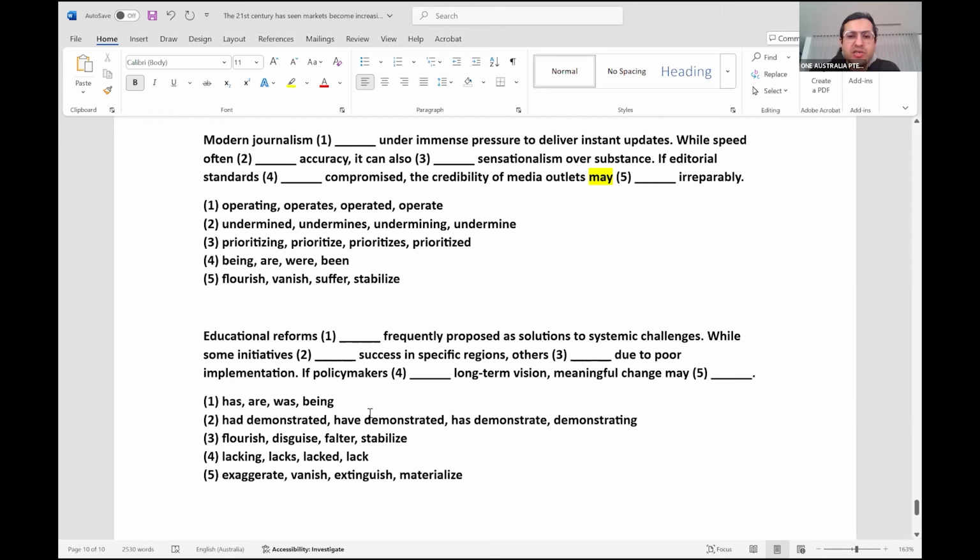If there is no long-term vision, meaningful change may either vanish or extinguish. If policymakers lack long-term vision, meaningful change may not happen. And not happen, in a sense, will be vanish, right? Vanish or extinguish, which one sounds correct?